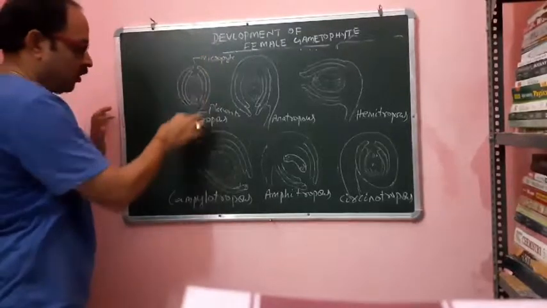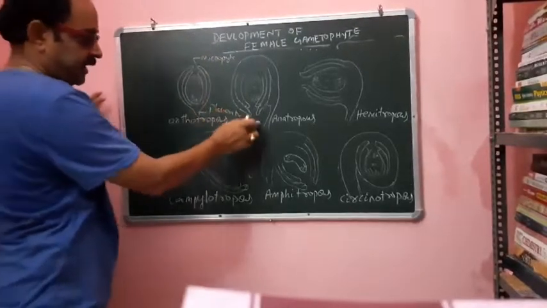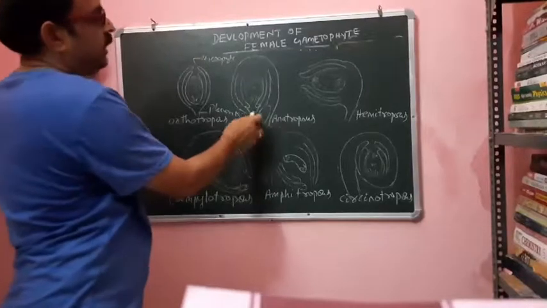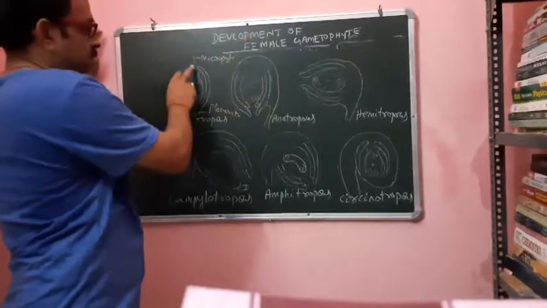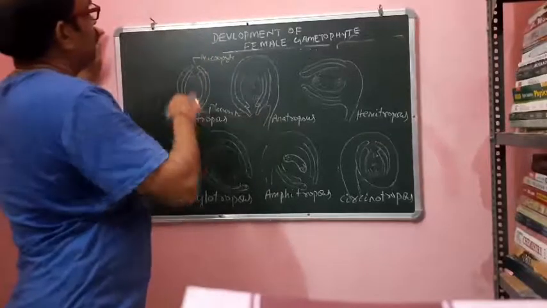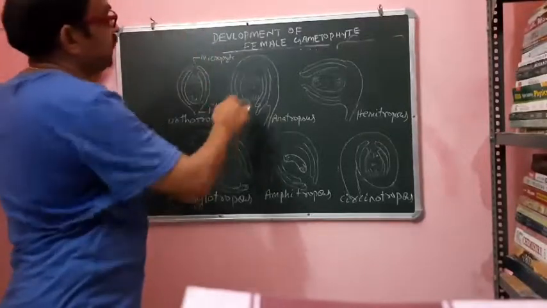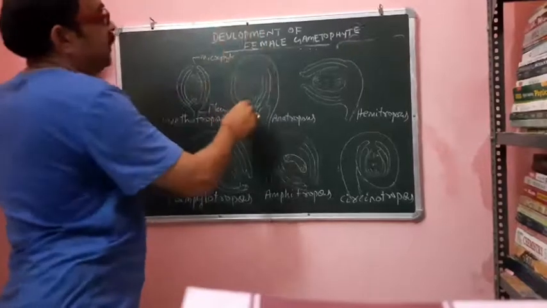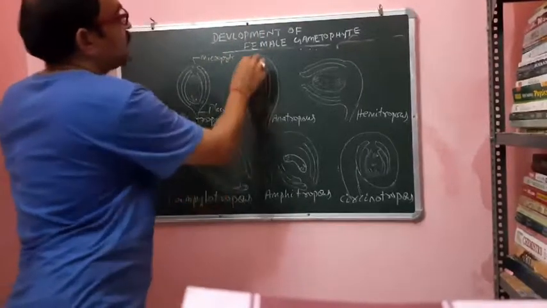This is called orthotropous. Next is anatropous, which is inverted. The micropyle is towards the upper side; it is inverted. This is micropyle, this is chalaza end.